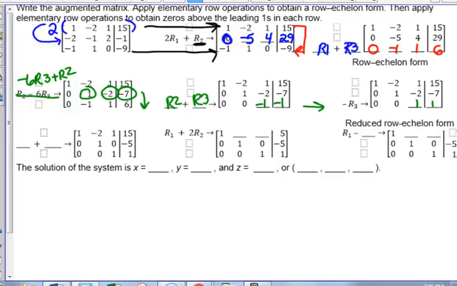Okay. I know you don't really get this, but we had to do a 1 here, clear out those zeros. We had to do a 1 here, clear out this column. Uh-oh. So we got to get rid of this. So we're going to go 2 times row 2 added to row 1. The only difference between the row echelon and the reduced row echelon is we keep going. Yes, exactly. 2 times row 2 added to row 1.